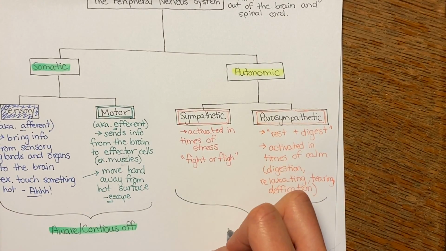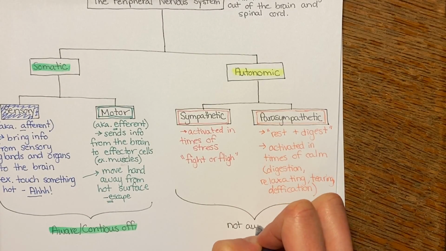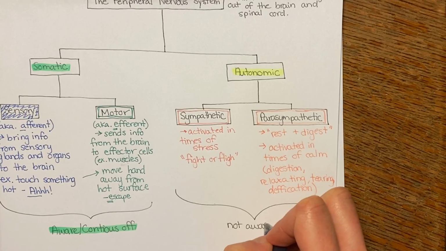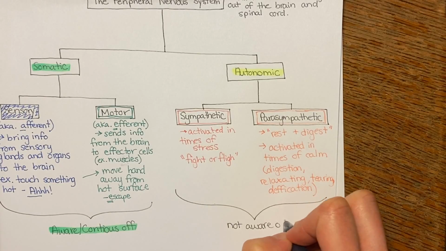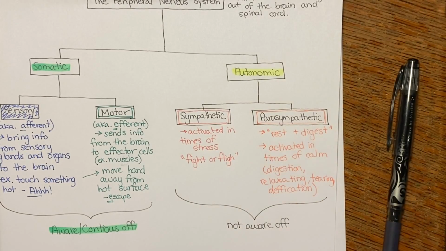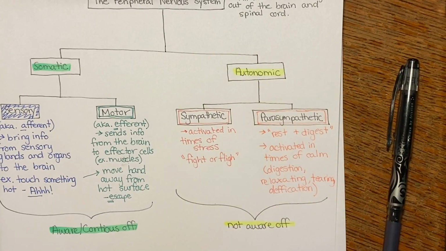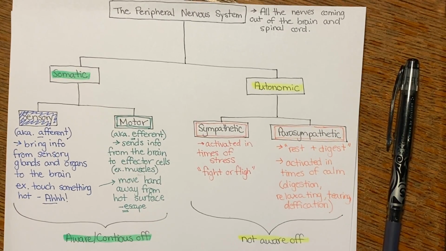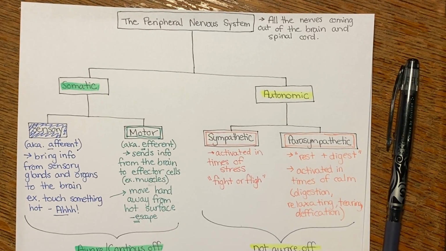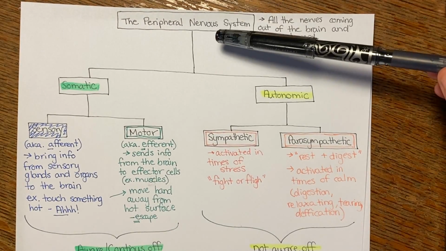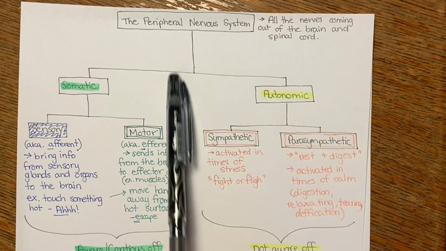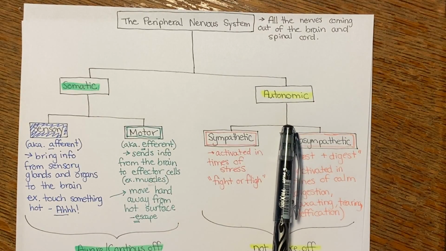And so these two are things that you're not aware or not conscious of, and they happen without your decision. So your whole autonomic side of things here is stuff that you're not aware of. If we look at this overall, we have our peripheral nervous system breaking down into somatic and autonomic.